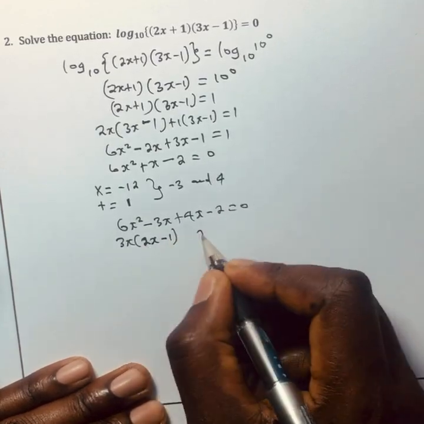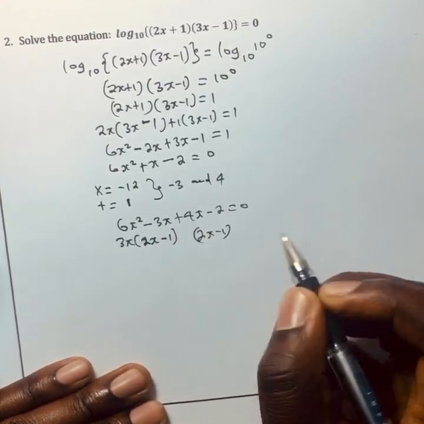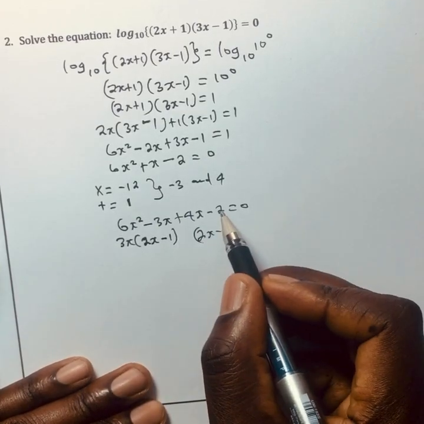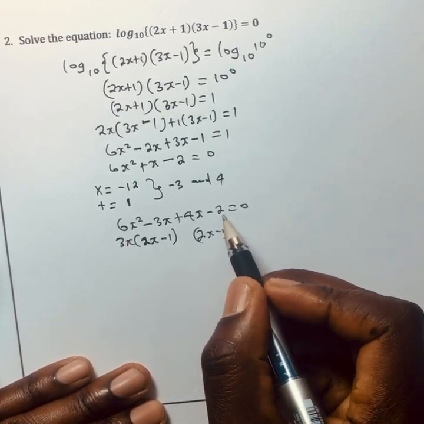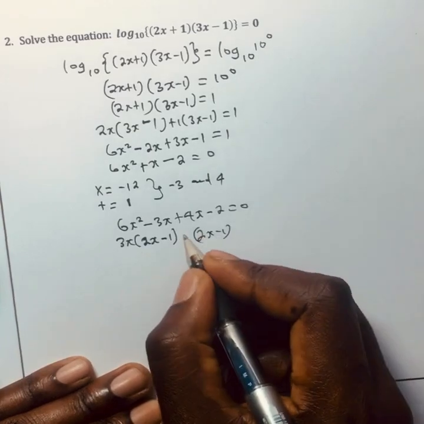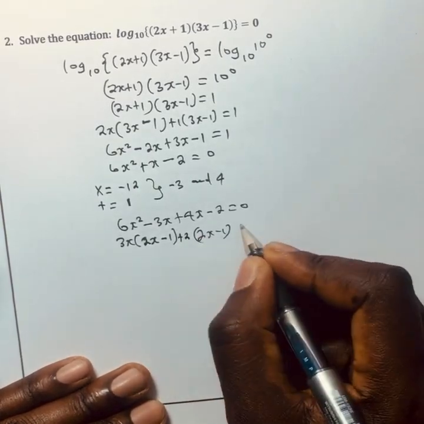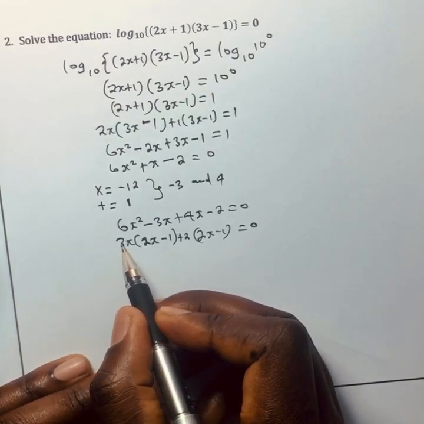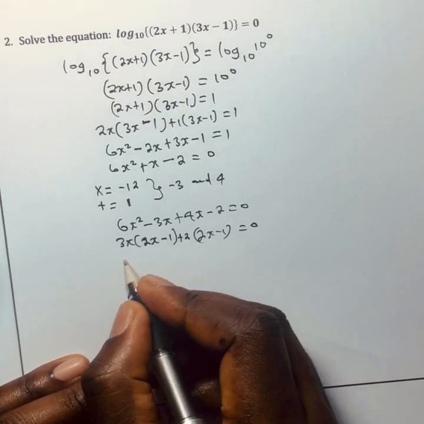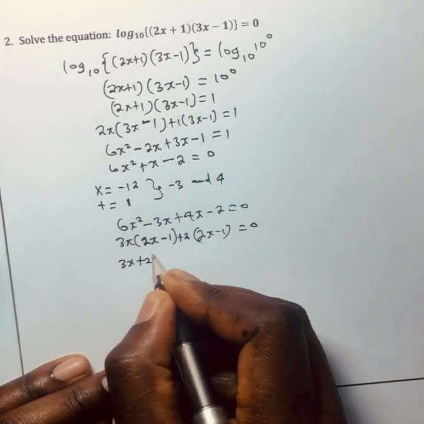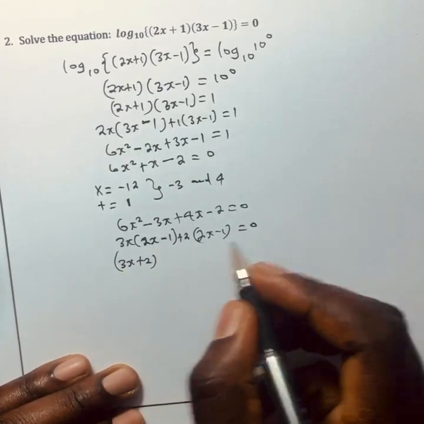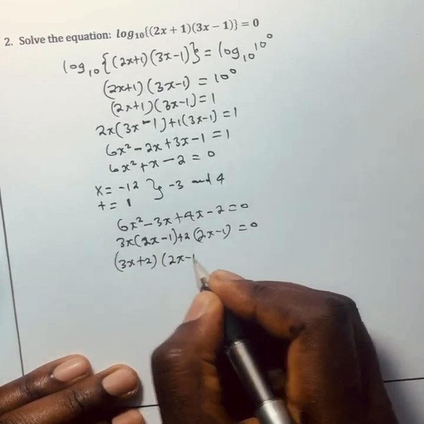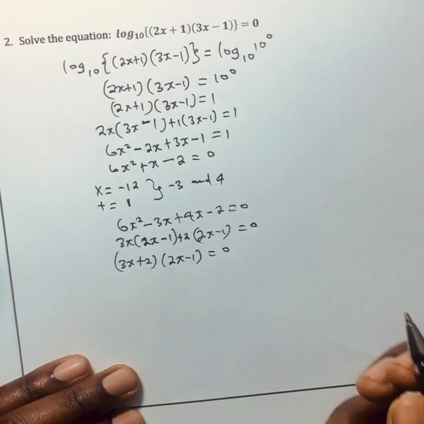So we have this 2x minus 1 there. Then for us to obtain negative 2 here, we need to multiply by 2, so plus 2 is equal to 0. So we factor out. So we have 3x plus 2 and 2x minus 1, and that is equal to 0.